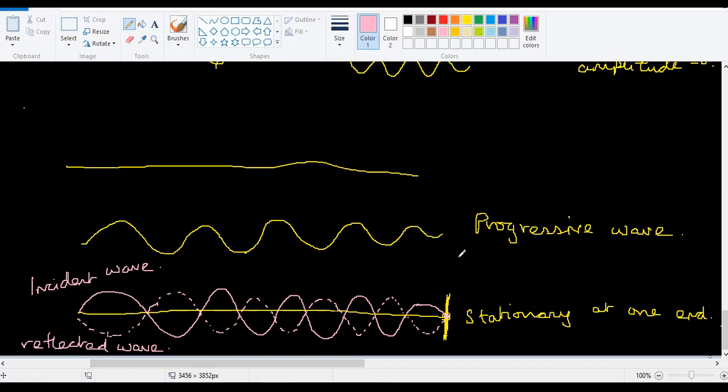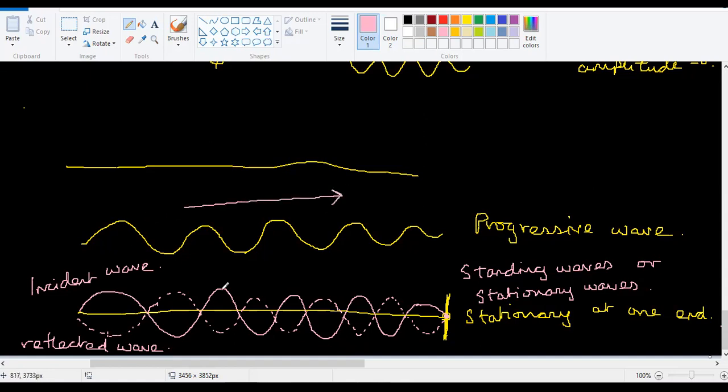Take it down: standing waves or stationary waves. Why? Because it's the opposite of progressive. Here the energy is moving forward. Here also the energy is moving forward, but then it's again coming back. So take it down, very important. Here energy is moving forward.